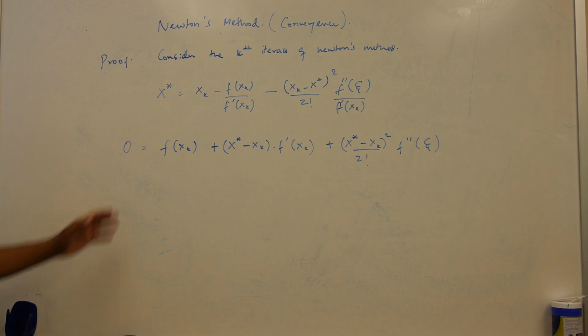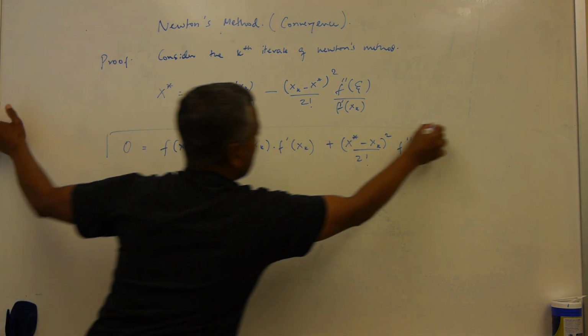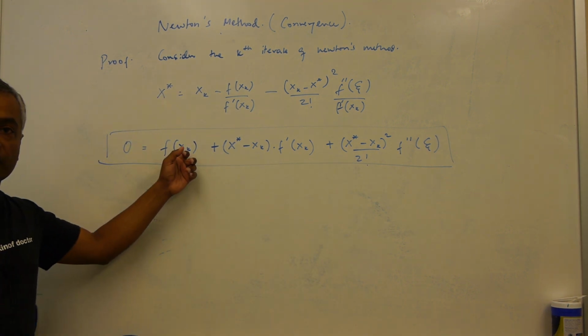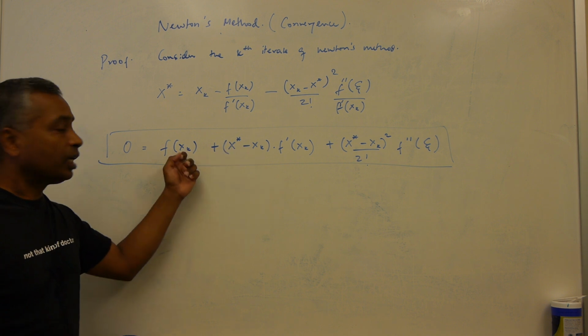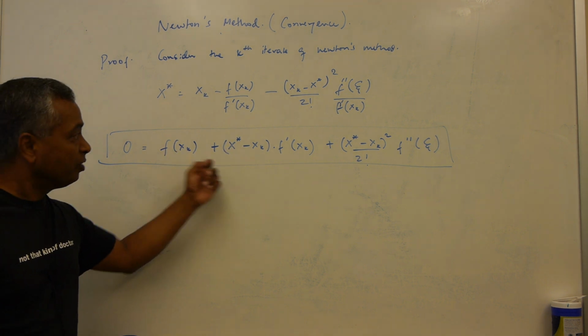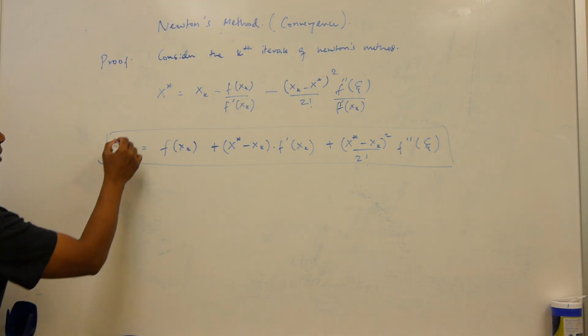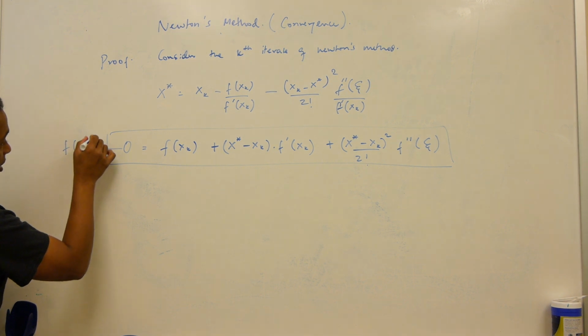Okay, so all I've done is, this is simply the Taylor expansion around point xk. So I'm expressing f of x star around xk. So if you write the Taylor expansion for f of x star around xk, if it makes you feel more comfortable, you know that this is f of x star.